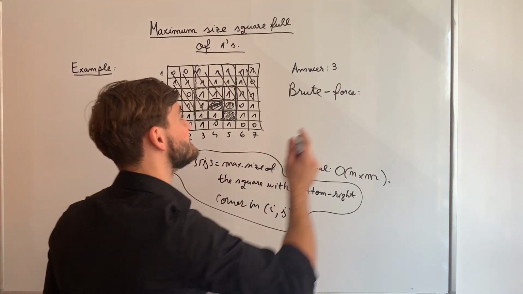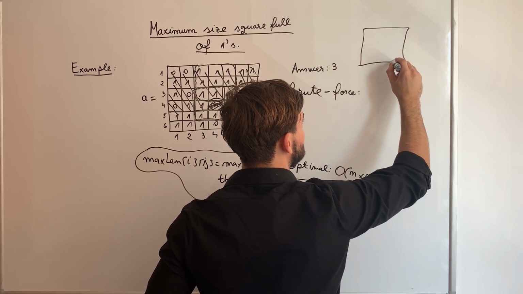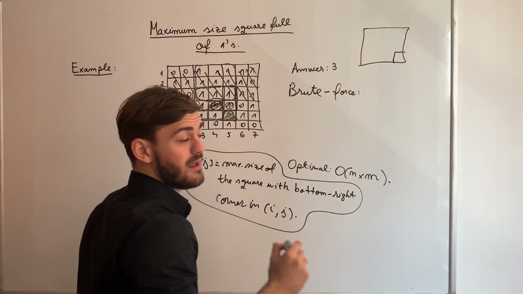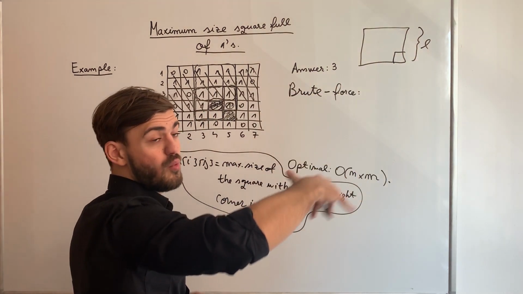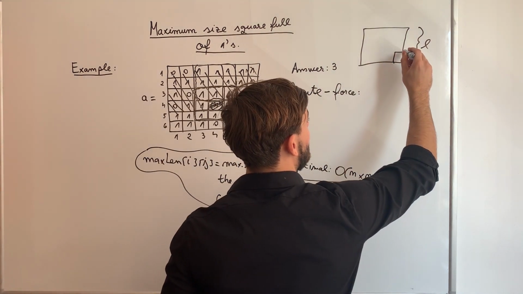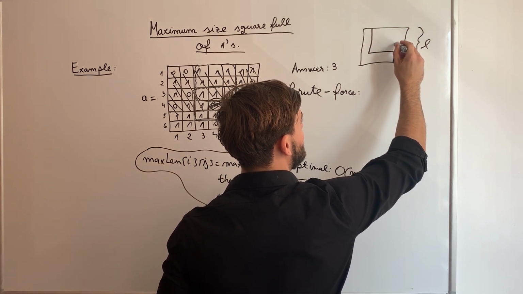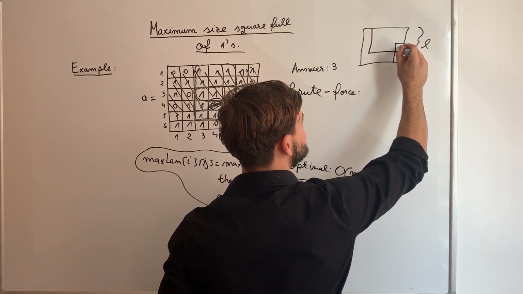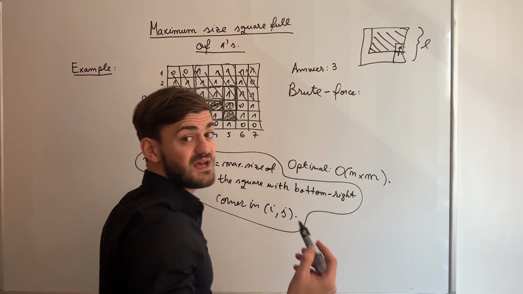So let's say this is going to be my square full of 1's, right? And this is me, and this square is going to have size L. Well, first of all, I'm going to need a square here, so on this neighbor, a square of size L minus 1.